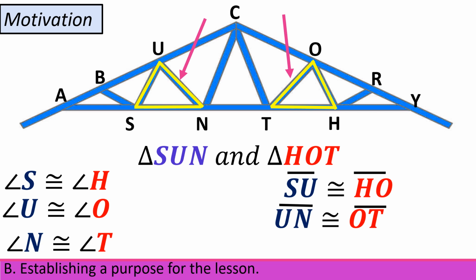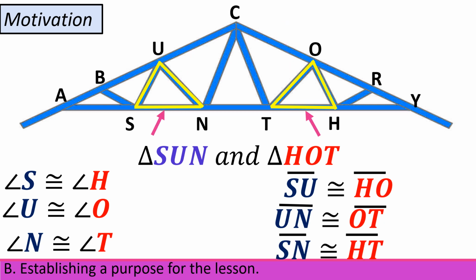Side UN is congruent to side OT. And side SN is congruent to side HT. So these are the 6 corresponding parts of the two triangles, triangle SUN and triangle HOT.